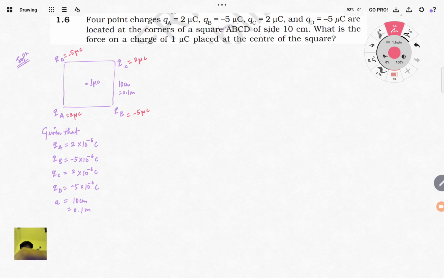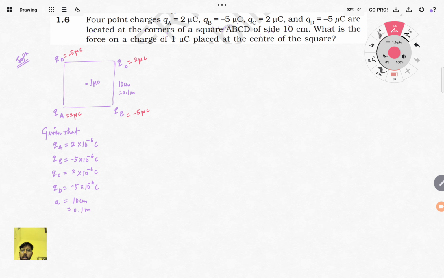So you will find that the force applied on the 1 microcoulomb charge from QD is an attraction force, because it is acting between a positive and a negative charge. The 1 microcoulomb charge is positive, and QD is equal to minus 5 microcoulomb, which is negative.